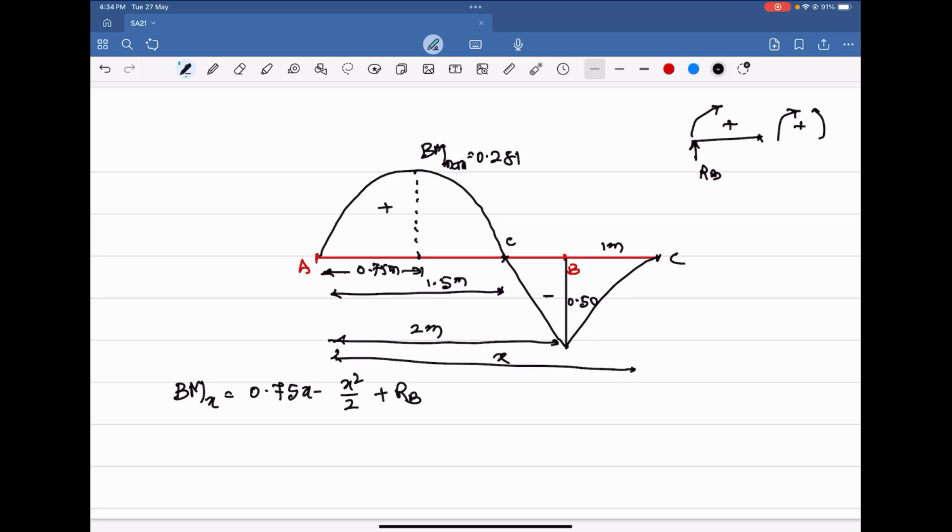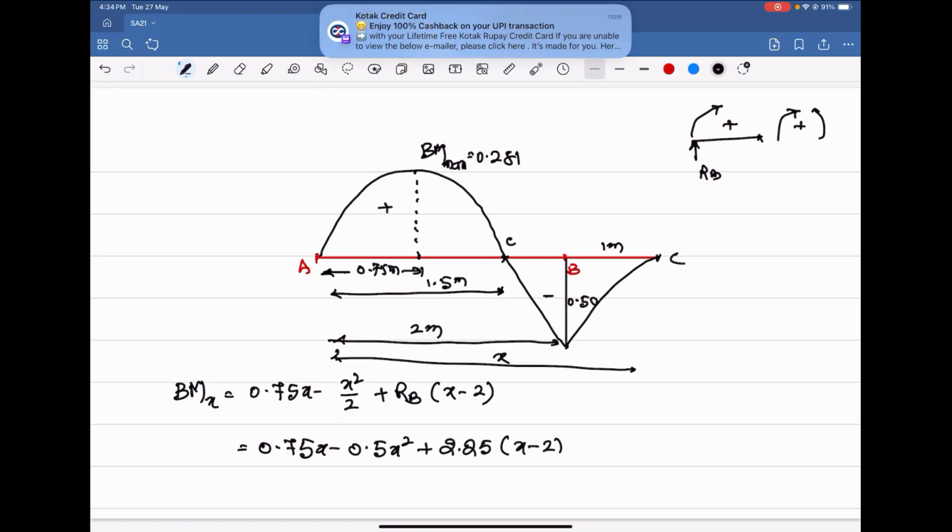Because we are taking, up to B we have taken care. After B it will be x minus 2. After B only we have to consider for RB. That is x minus 2. That is equal to 0.75x minus 0.5x square plus 2.25 into x minus 2.